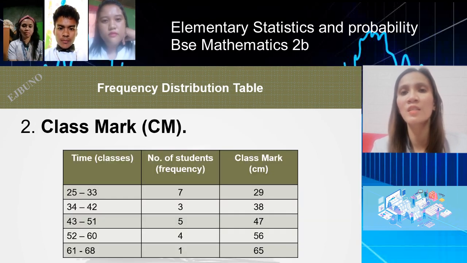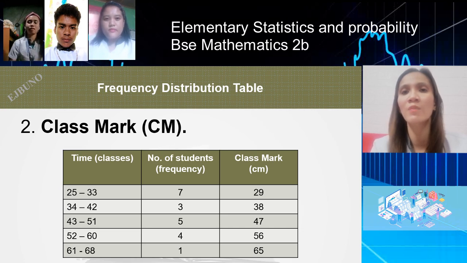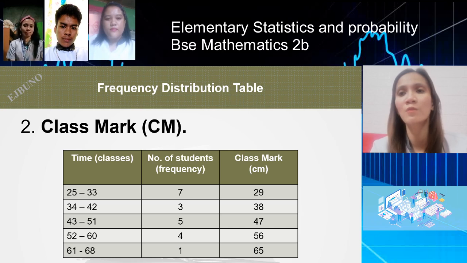Now look at example number 1. The table shows the class mark. As I said, the class mark is equal to the sum of the lower true class boundary and the upper true class boundary divided by 2. So our class marks are 29, 38, 47, 57, and 65.